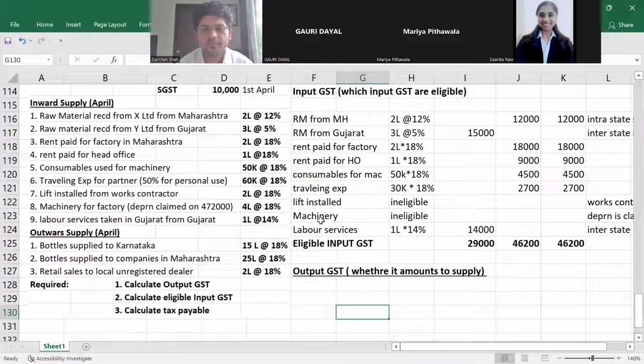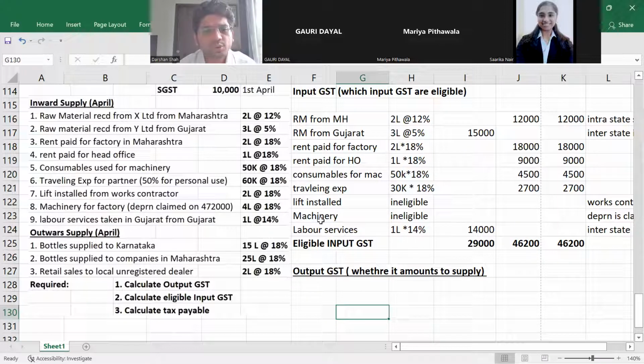And if it was given as 4 lakh, it means depreciation is claimed on value exclusive of GST. So in that case, we would consider it eligible, and 4 lakh into 18% will be your GST, divided between CGST and SGST. Got it.